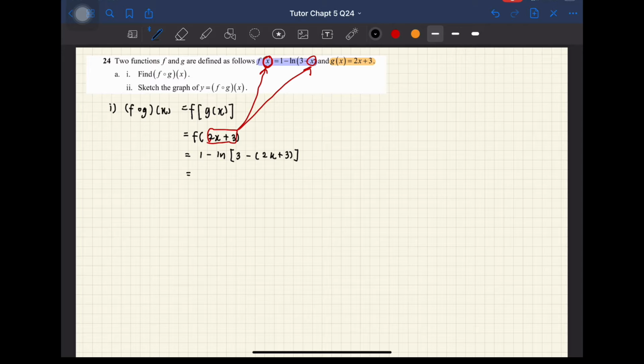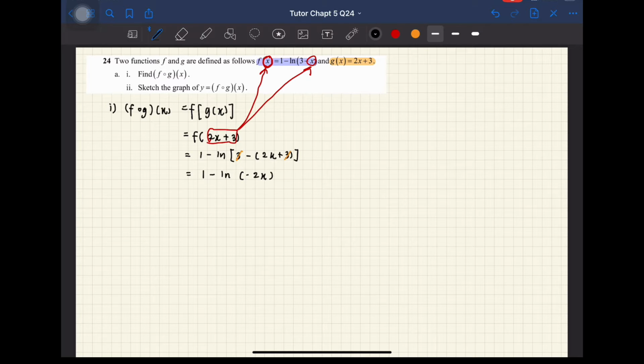So awak akan dapat 1 minus ln. Okay, you have 3. Oops, sorry, 3 dah hilang. Okay, sebab apa? Sebab dia cancel out kat sini dengan sini. Okay, and then you are just left with a negative 2x inside the bracket. Macam tu. Okay, so settle. This is your f of gx.